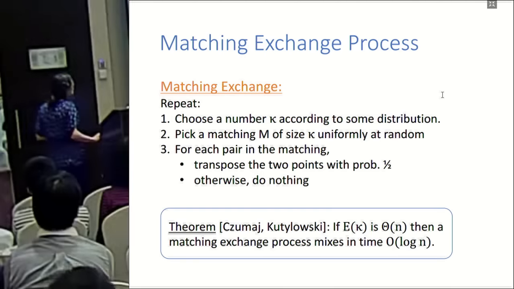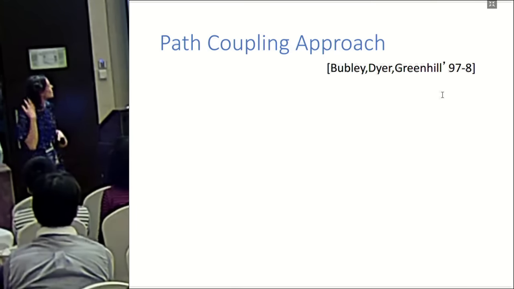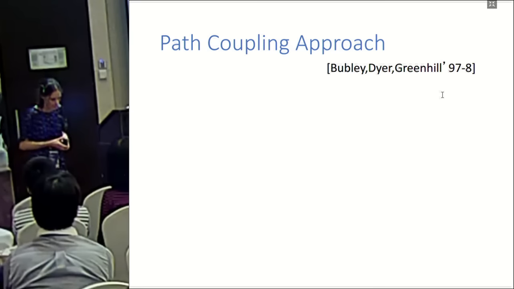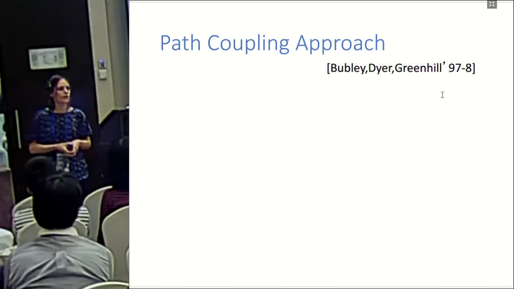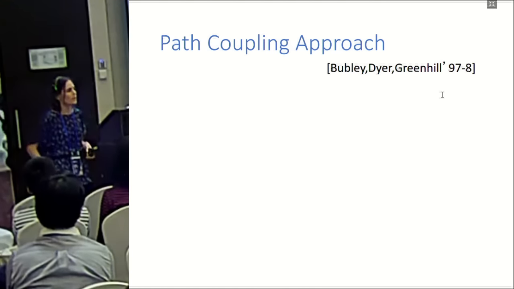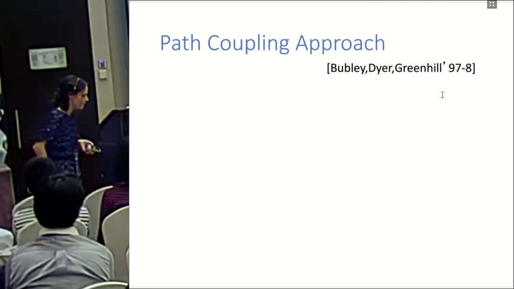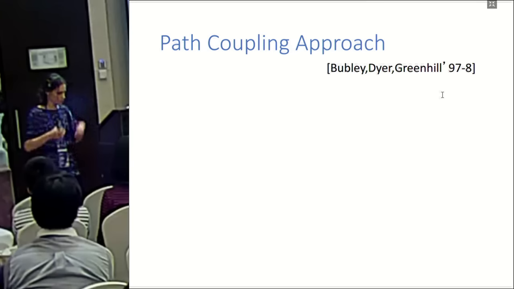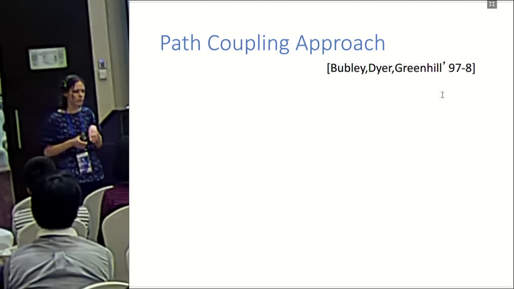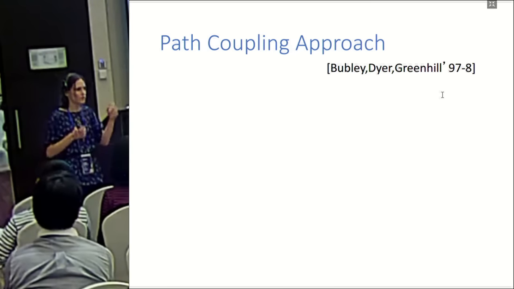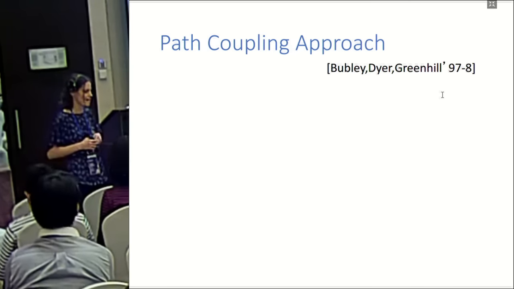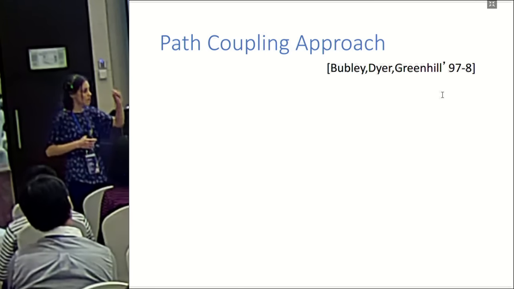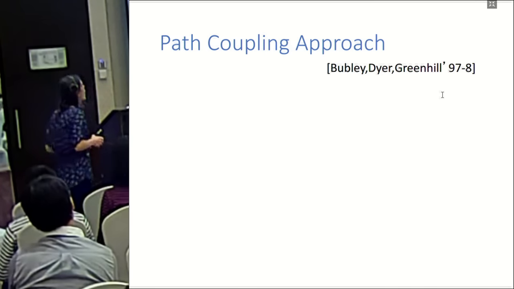Okay, so in order to analyze the mixing time of this process, your first pass approach might be to use the technique of path coupling, which is a fairly standard approach in the Markov chain community. And essentially what you do is, in our setting, you're going to take a look at two permutations, and we're thinking about these now as permutations on S, that differ by a single transposition, so a transposition of a single pair of points.